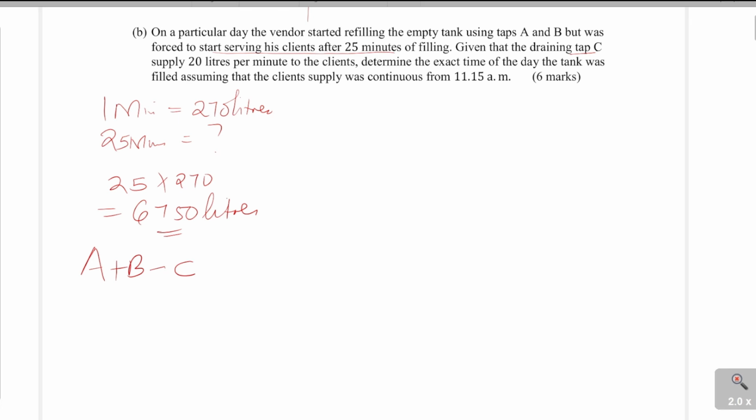So in 1 minute, A plus B is 270 liters, and then C is draining, so we subtract 20.